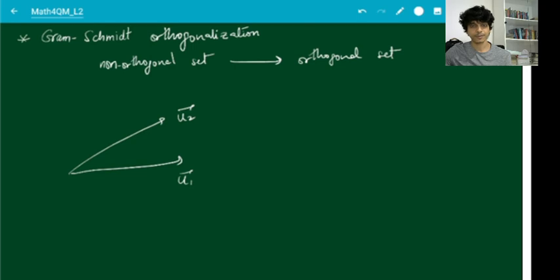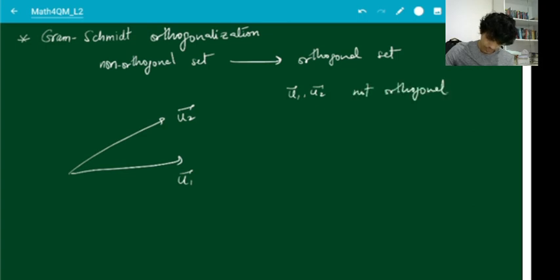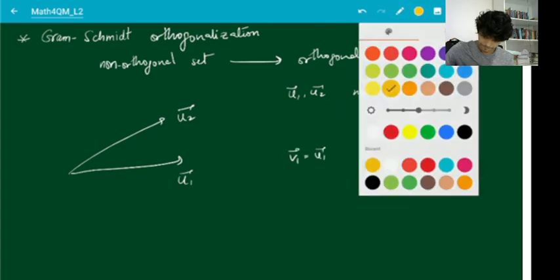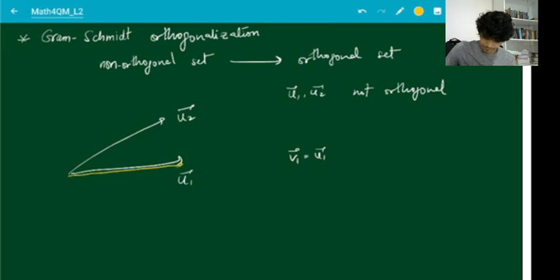They are not perpendicular to each other. So if I say starting from this, you give me a pair of orthogonal vectors. It's straightforward. You will say, okay, I'll take my first vector, v1, to be the same as u1.